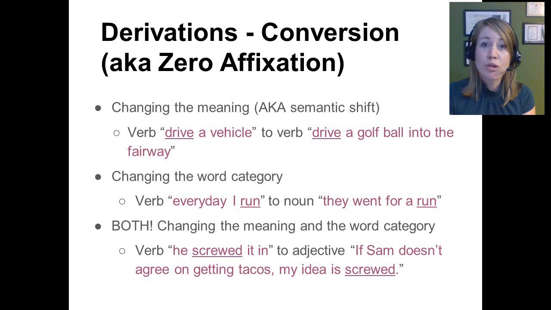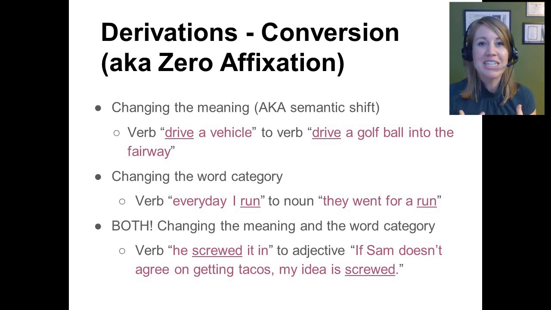So we can use screwed as a verb, right? He screwed it in. He screwed in the light bulb, right? It's a verb there. It's an action. But it can also be used as an adjective. And an adjective, again, is describing something about a noun. In our story, it was used as an adjective. If Sam doesn't agree on getting tacos, my idea is screwed.